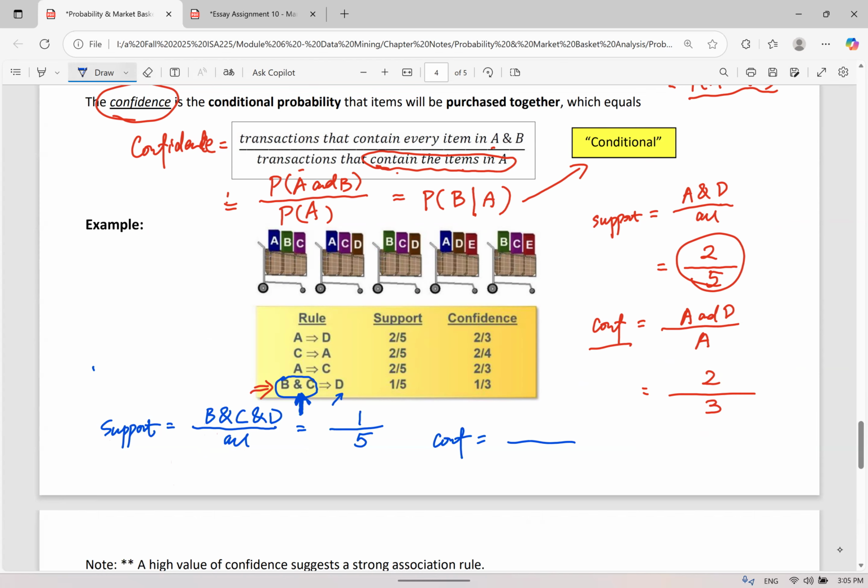So first I need to find how many transactions contain both B and C, meaning they have already bought both B and C. This one also bought B and C. This one also bought B and C. So there are 3 transactions that contain both B and C. And then how many of them will also go and buy D? Among these 3 transactions, only this basket, right? Only this customer goes and buys D. So that will be just 1 out of 3.